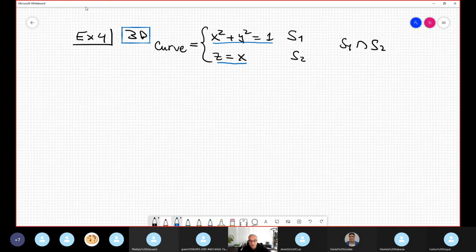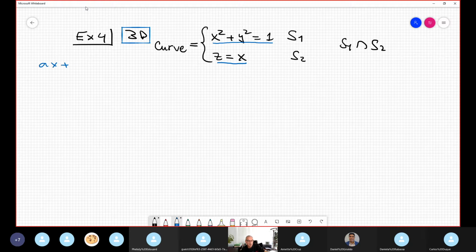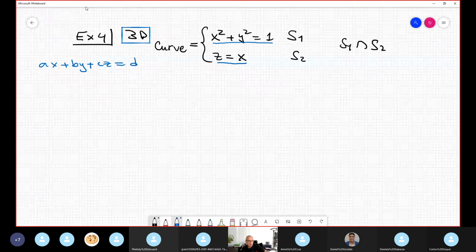Z equals x. What is the clue? It's a plane. It's obvious that it's a plane. How do you know? Remember the formula for the plane: Ax plus By plus Cz equals D. It's obvious that in this case C is 1 and this is missing. No, sorry, A is not 0. It's a mistake.